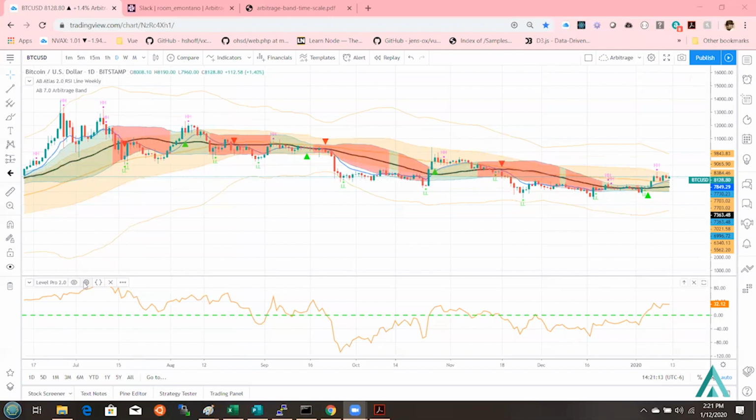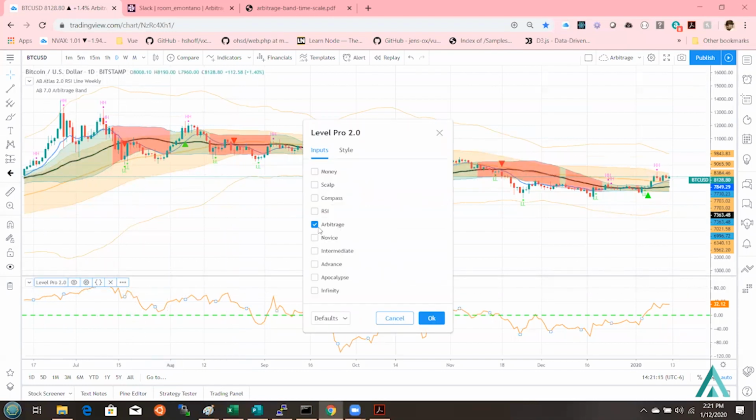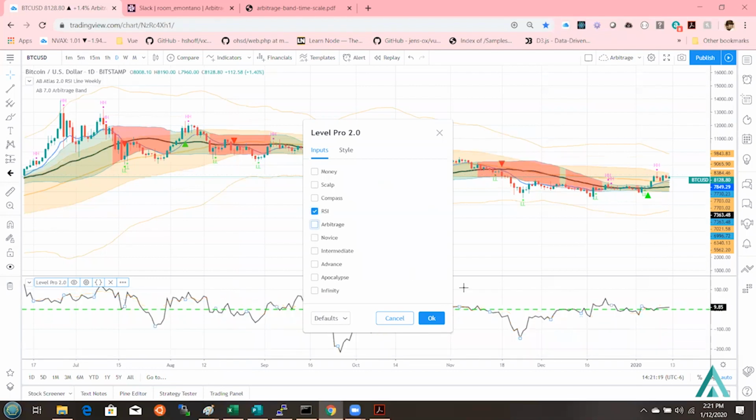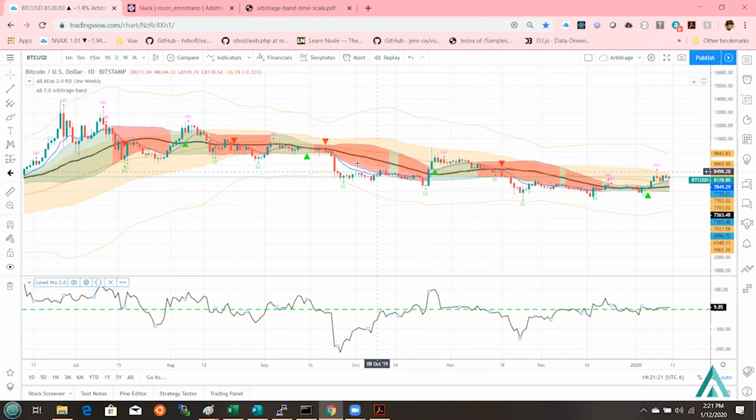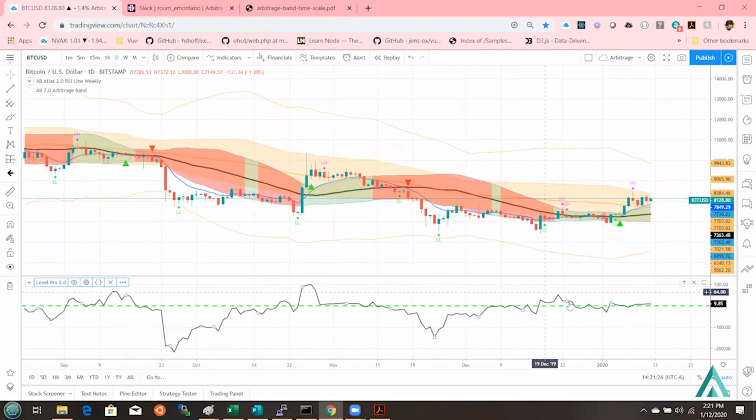So if I'm using the arbitrage band, again, I'd be setting this guy to RSI. So basically, it's letting me know what that black line is doing. If that black line is above, that lets me know that the trend is working in my favor.